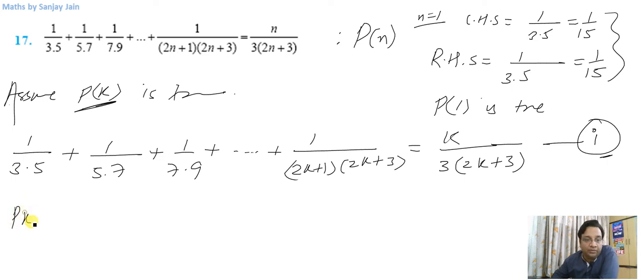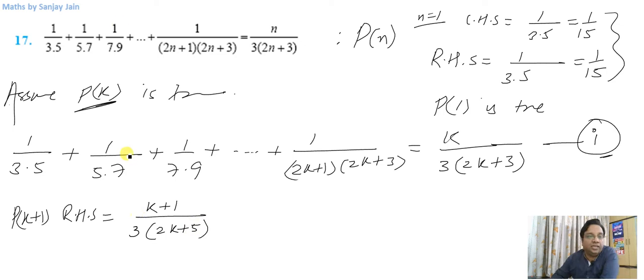So in P(k+1), the right hand side I will be looking for is (k plus 1) divided by 3 into (2k plus 5). How did I get this? You already know, right? I just replaced this k with k plus 1 everywhere.